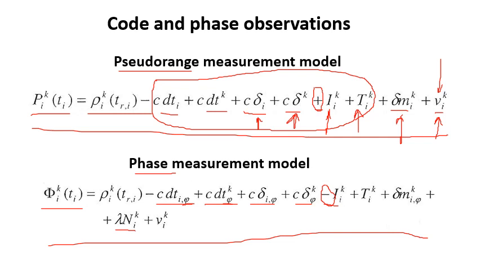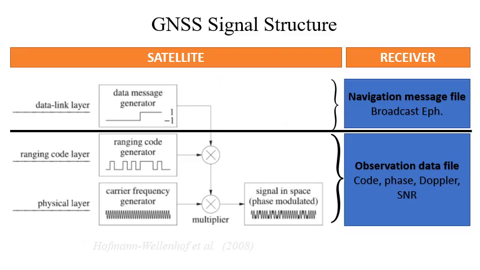In the later example, under some assumptions, we will try to model the pseudo range and phase measurements on a concrete example. At the beginning of this lecture, we introduced this graph, and we would like to make some amendments to this graph.